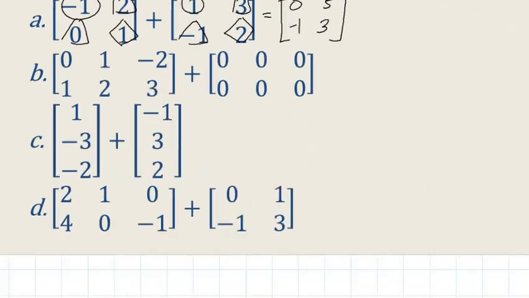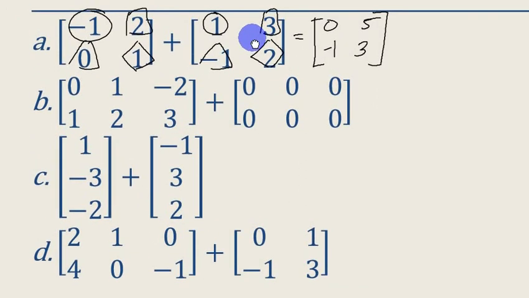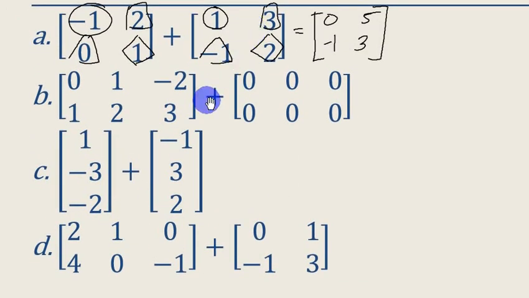So, pause the video and try to see if you can find the sum of B, C, and D. Alright, so first for letter B, we can add them because they are both 2 by 3 matrices, and luckily the other matrix is just all zeros in the entries, and if we add each entry to 0, it will come out just the same.